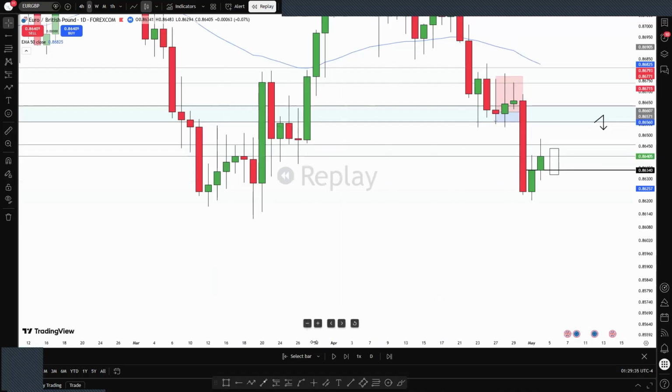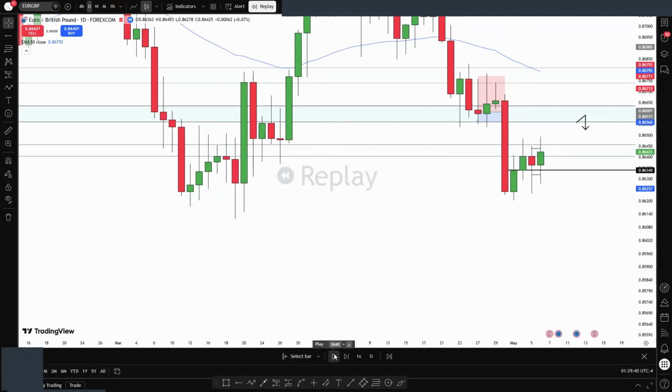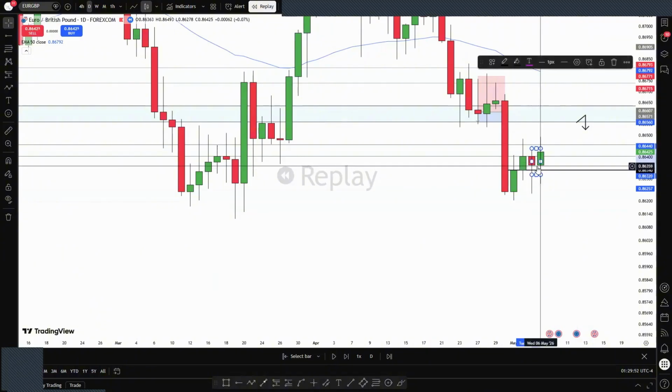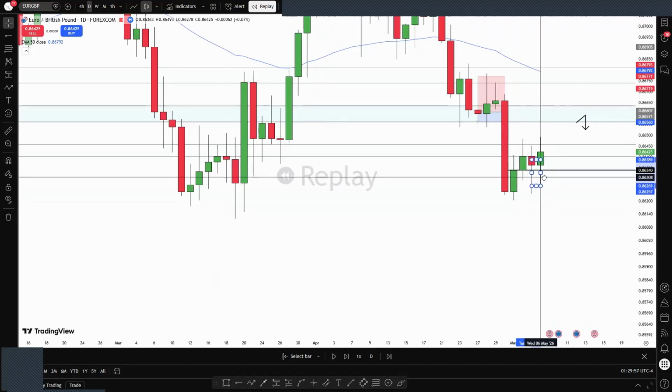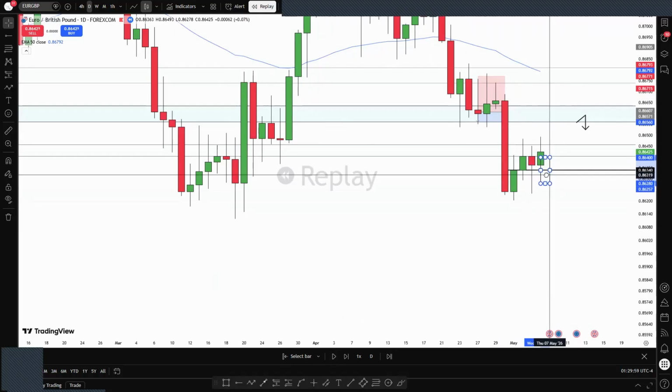But what does price do? It fails to engulf. And once it fails to engulf, that's a sign that price has not yet respected this level, unless this next green candle was to engulf this level. If this green candle was to engulf this level, then I would be very interested in selling.